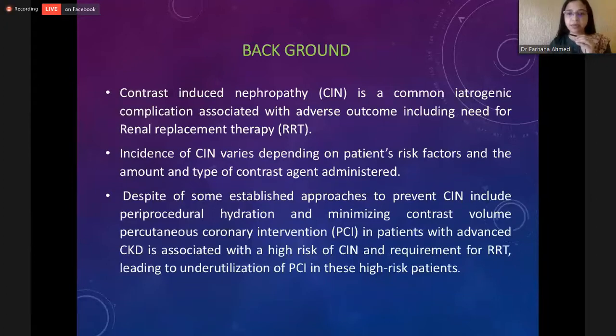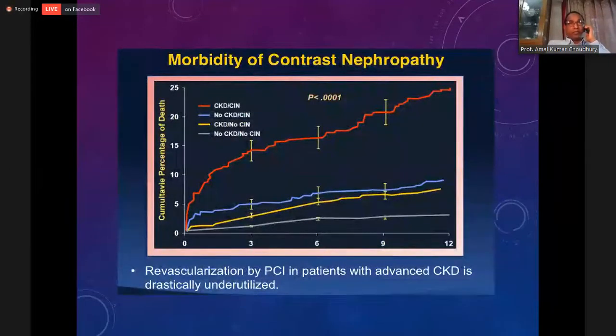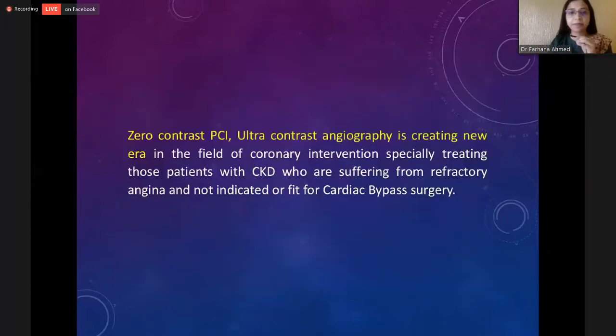Despite some established approaches to prevent CIN, including peri-procedural hydration and minimizing contrast volume, PCI in patients with advanced CKD is associated with high risk of CIN and requirement of RRT, leading to underutilization of PCI in these high-risk patients. Morbidity is higher in this group when CIN develops.